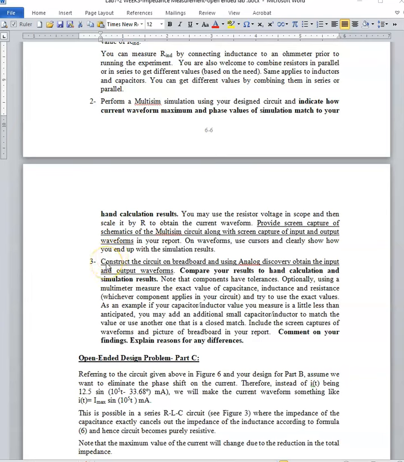Finally, you will construct the circuit on a breadboard and obtain the waveforms. In all parts of the experiment, make sure to get the screen capture of the Multisim schematics, the breadboard picture, and all the waveforms of Multisim and Analog Discovery, with cursors shown whenever applicable.